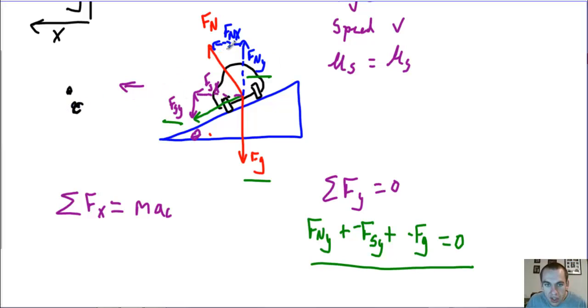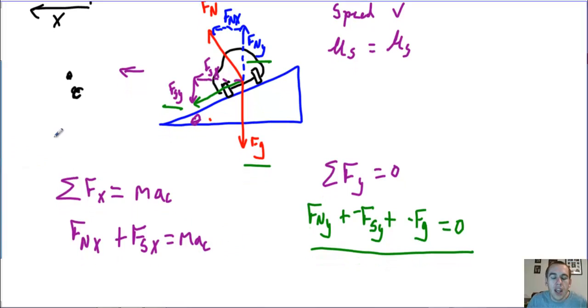There are 2 forces that are helping this thing go towards the center: static friction in x, and the normal force in x. So I have Fn x plus Fs x, the normal force in x plus the static friction in x, equals m a_c, and that's our net force in the x direction.